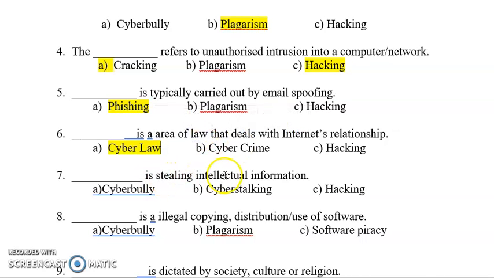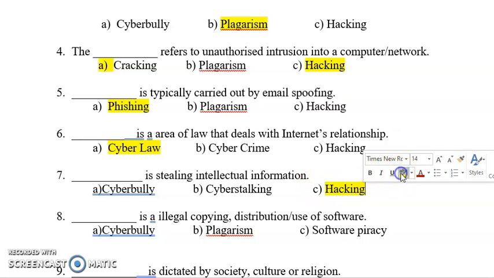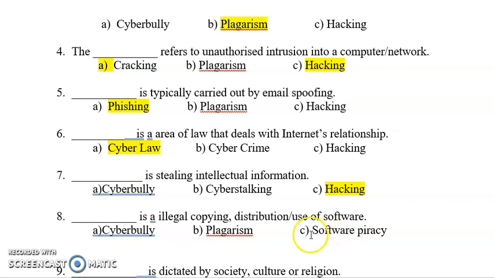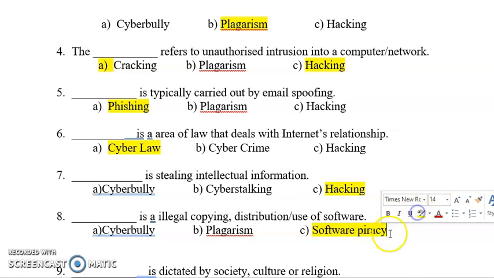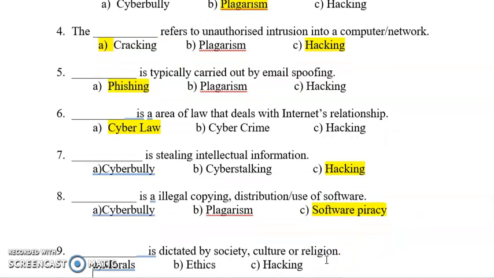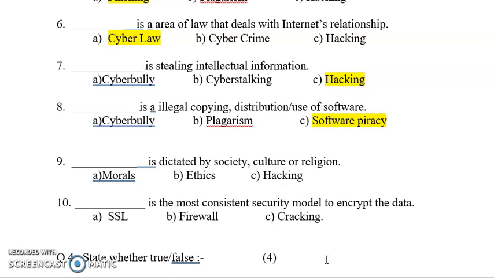Next is, dash is stealing intellectual information. So stealing any type of information without the permission is nothing but hacking. Next, dash is illegal copying, distribution and use of software. So that is called software piracy. Next, dash is dictated by society, culture or religion. So it is nothing but morals.